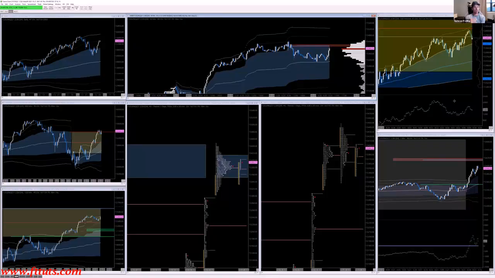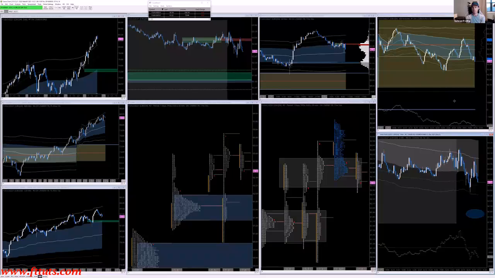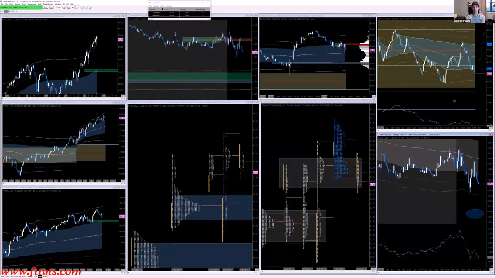We're going to wait for it to set up. Just like right now, we're not just going to press the sell button in crude. We're going to wait for the condition shifts intraday. I like where we're at in these markets, and I like our plan. I feel good about it.